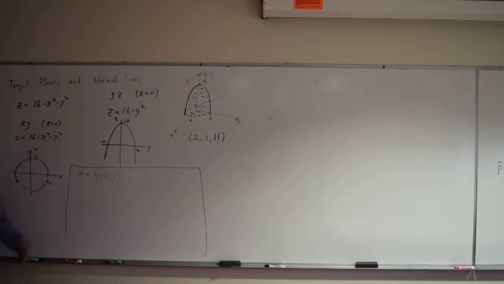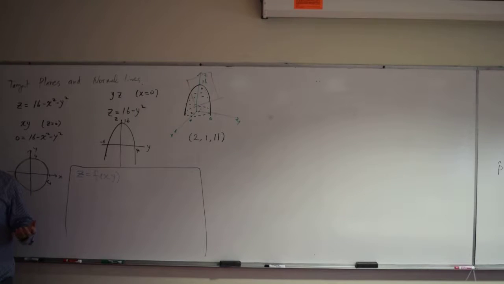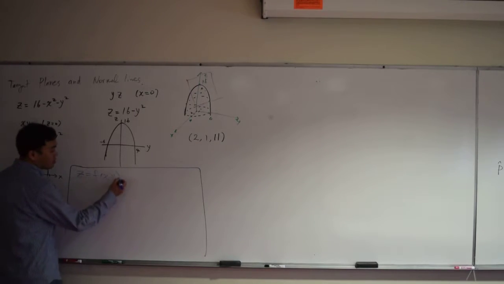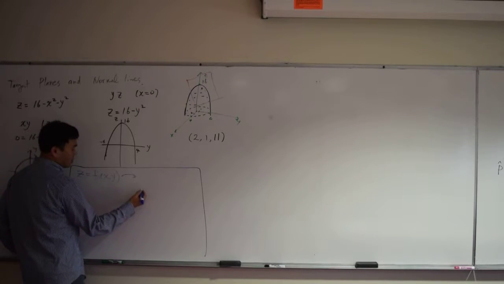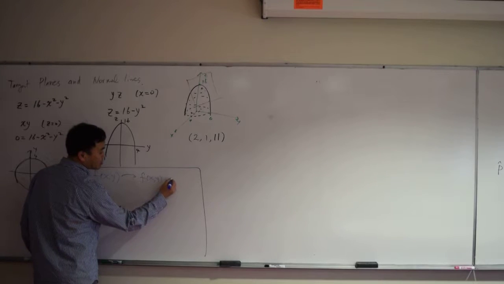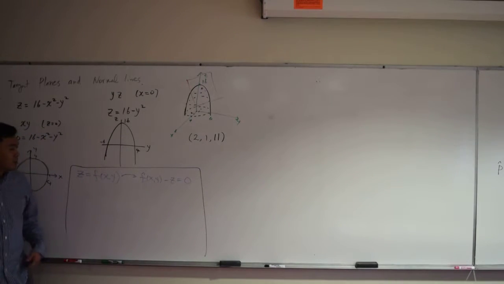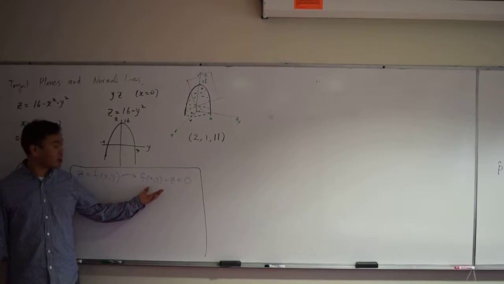Now the problem is, if you just say f of x comma y equals a constant, that's a level curve in 2D, not a level surface. So what you do is you change this into the format f of x comma y minus z equal to 0, and then you realize that this is a level surface.